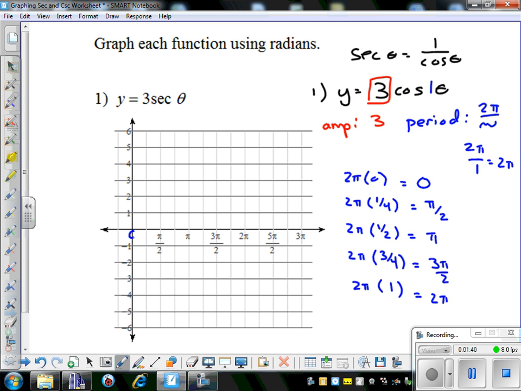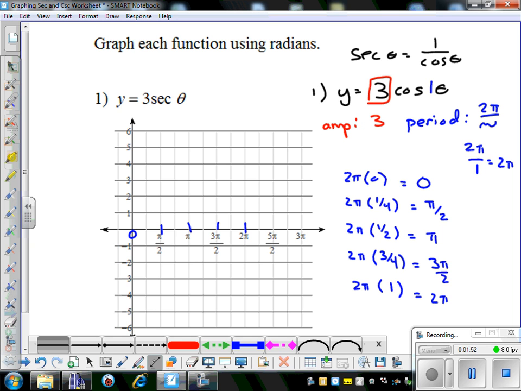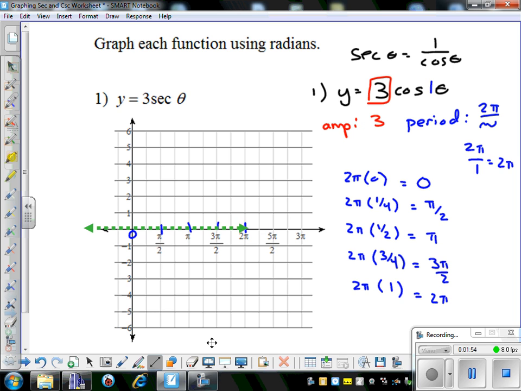So we'll be at 0, pi over 2, pi, 3 pi over 2, and 2 pi. Now, we didn't have a vertical shift, so our midline will stay right there on the x-axis.